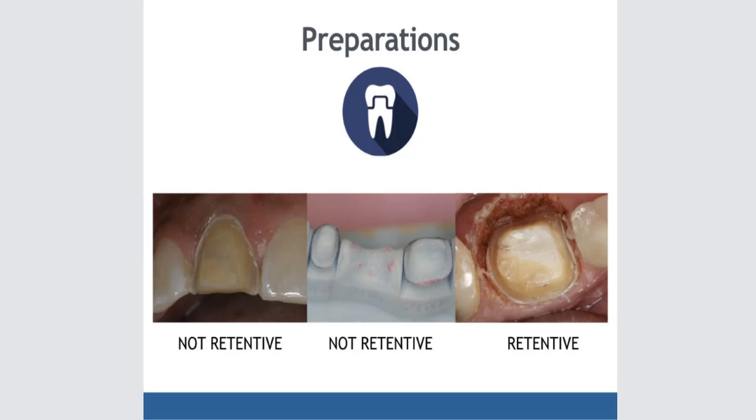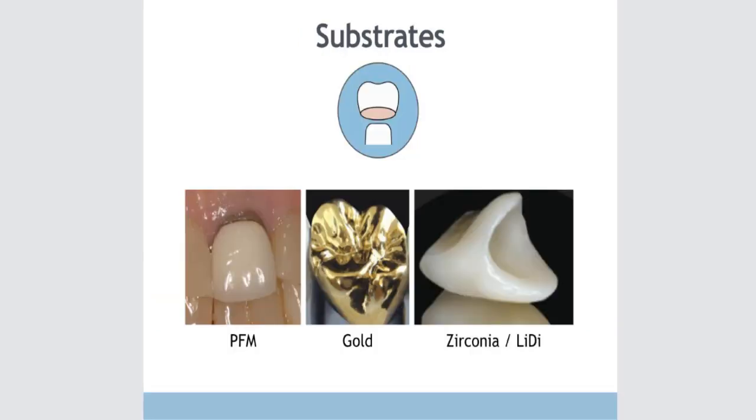Why would we deviate from bonding? Is it because of time? Is it because of the clinical situation? Why is it that we would choose to cement over bond when bond is clearly the stronger of the adhesives? So let's think about that and let's explore this.